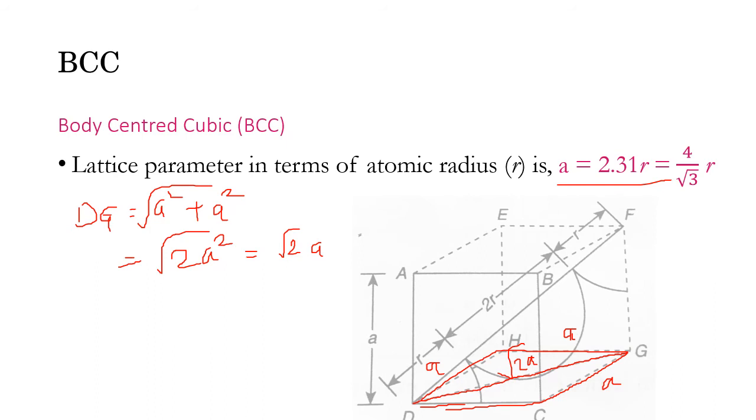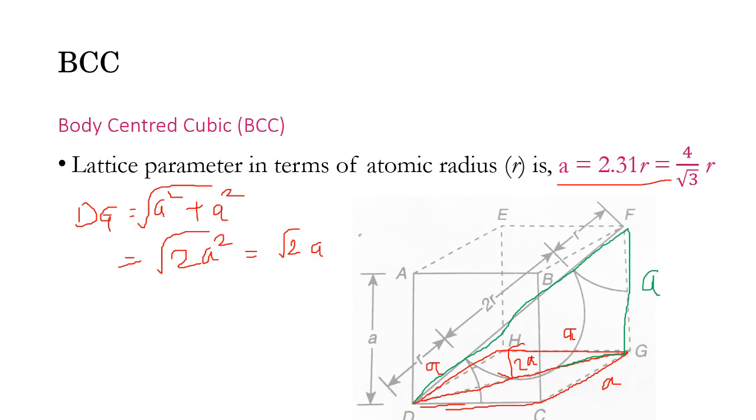Now we consider the triangle containing the body diagonal, DFG, and as we know that DG is root 2 a and FG is a, we again apply Pythagoras theorem to the right angle triangle DGF.